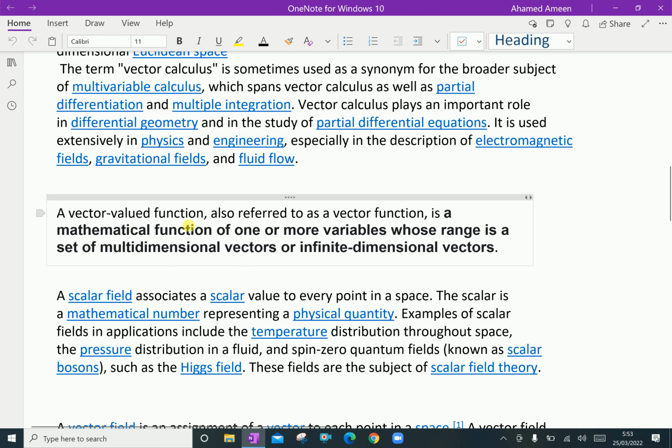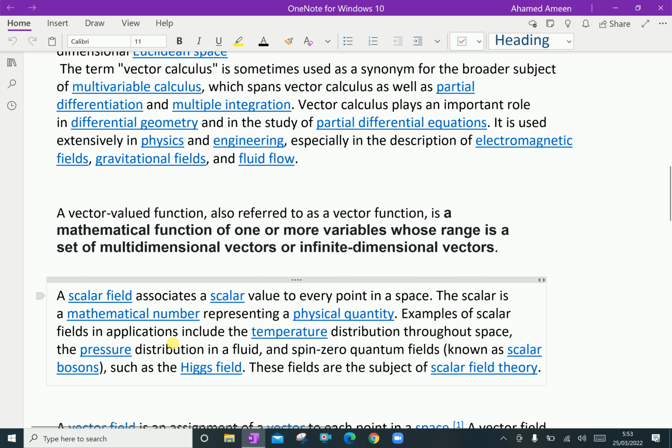A vector valued function, also referred to as a vector function, is a mathematical function of one or more variables whose range is a set of multi-dimensional vectors or infinite dimensional vectors. Here, if a variable vector a depends on a scalar variable t in such a way that as t varies in some interval, the vector a also varies, then vector a is called a vector function of the scalar t.